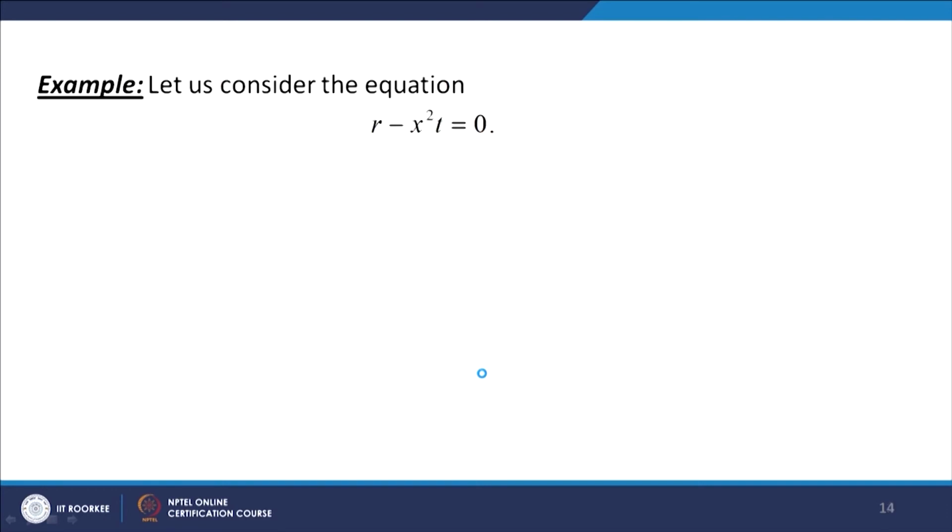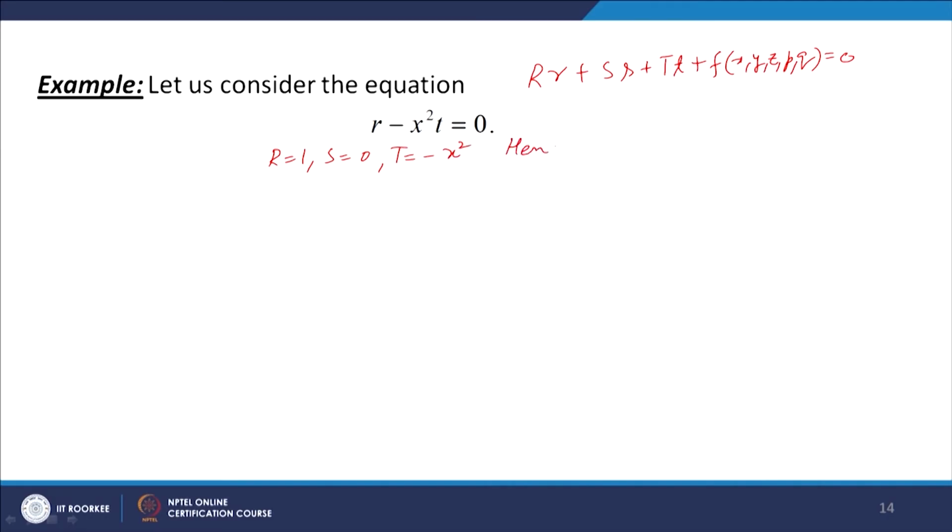Now, let us look at a problem on this, say r minus x square t equal to 0. So, what we do here is that if you compare it with the standard form, r r plus s s plus t t plus f of x, y, z, p, q equal to 0, then we notice that r is equal to 1, s is equal to 0 and t is equal to minus x square.